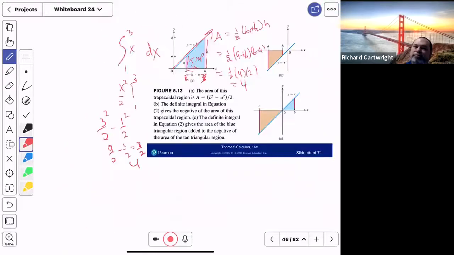Well, what was easier? Was the calculus easier than the geometry? I hope you thought the geometry was easier than the calculus, but they got the same answer.